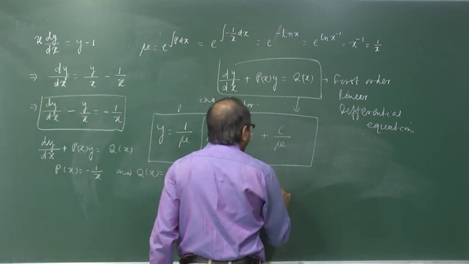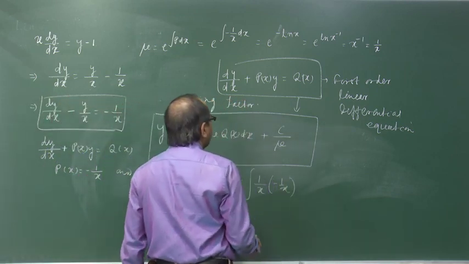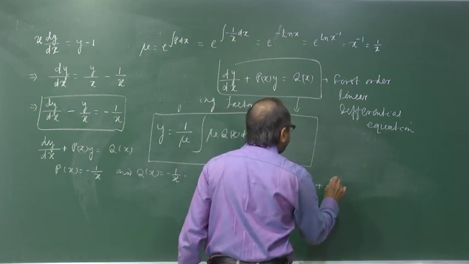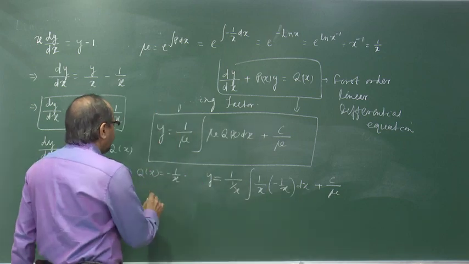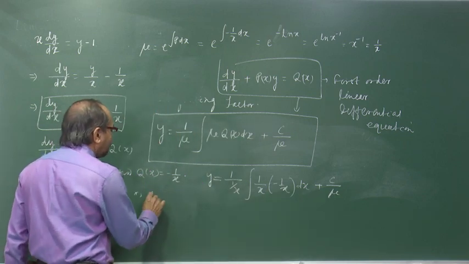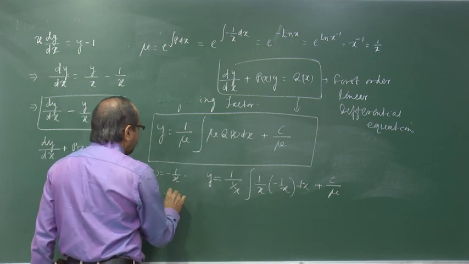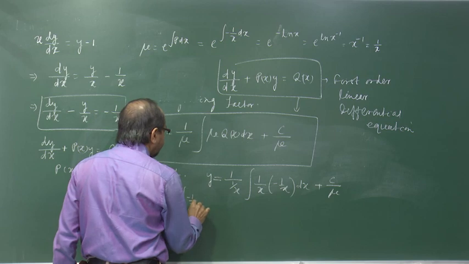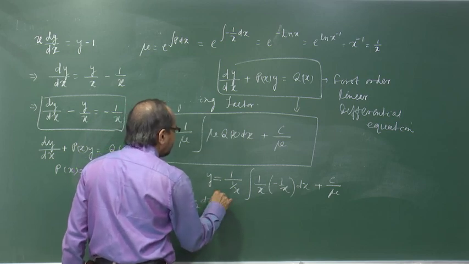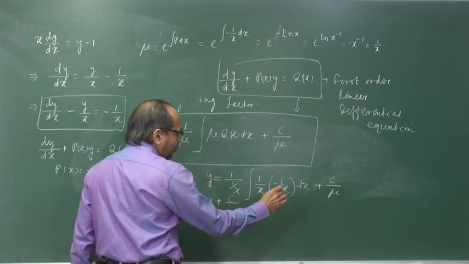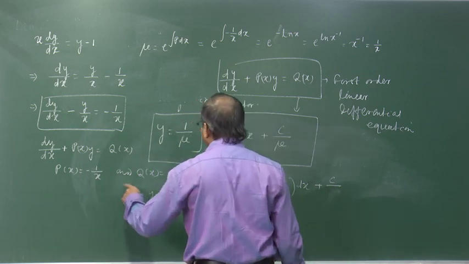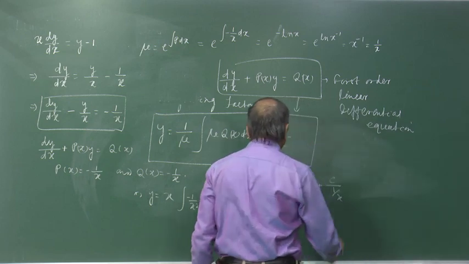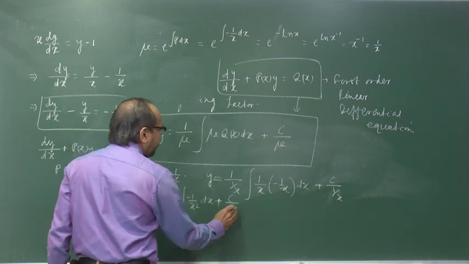So, into minus 1/x dx plus c/mu. Or y = x into integration of minus 1/x square dx plus c/mu. In the place of mu we have to put our mu, which is 1/x. So, c by 1/x.